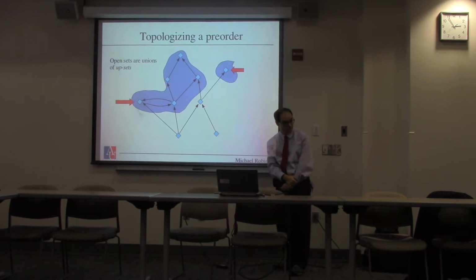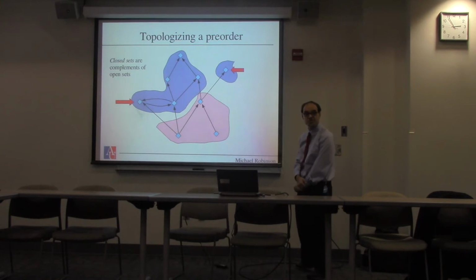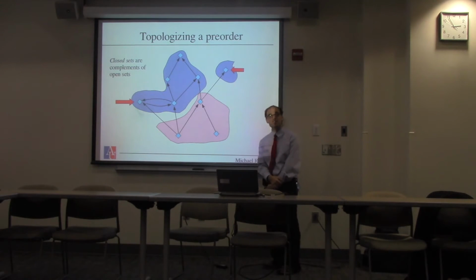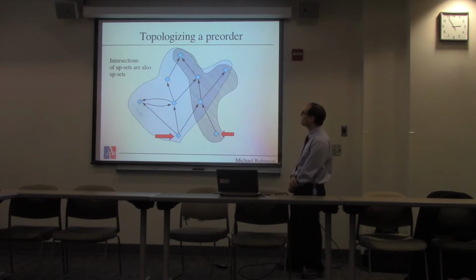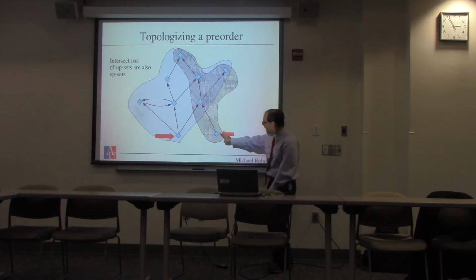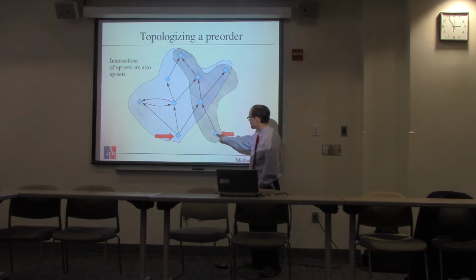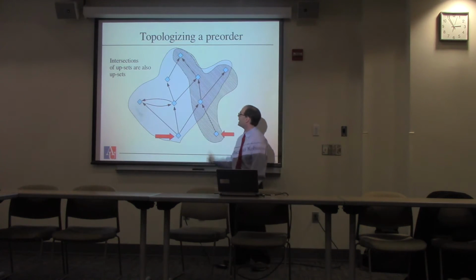Of course, any good student of topology knows that I can get closed sets by taking the complement of open sets. So like, that's a closed set. Cool, okay. The other thing that I should be able to do is intersect these things. If I intersect them, they better be closed under intersection. See if that works. Well, here's two of them. Here's the upset of this guy and the upset of this guy. If I intersect them, they're the upset of that guy.